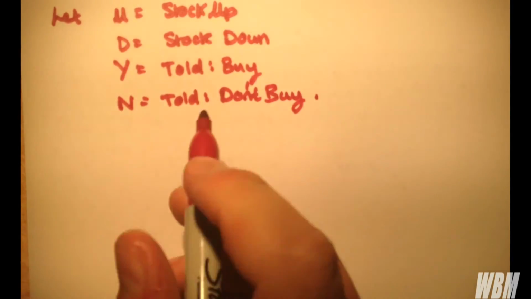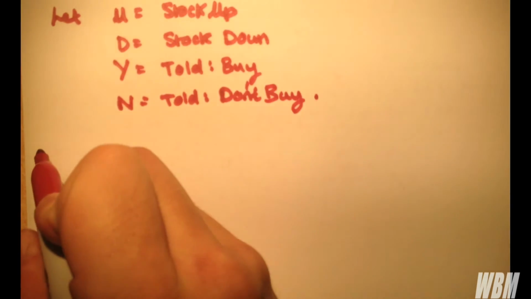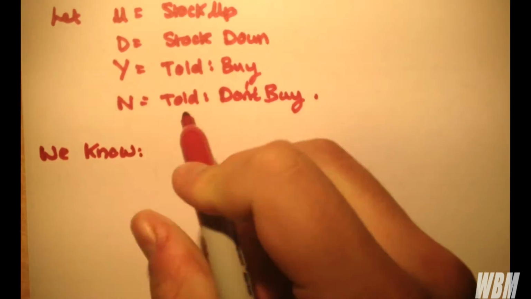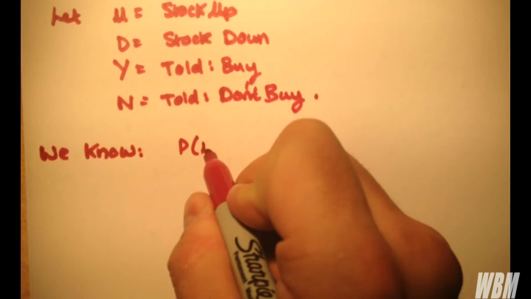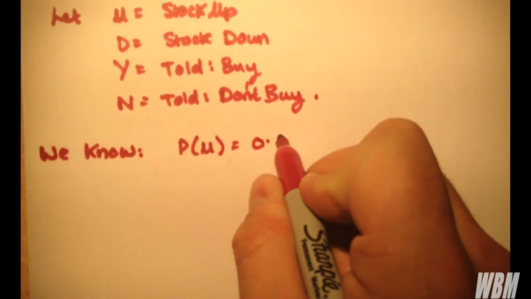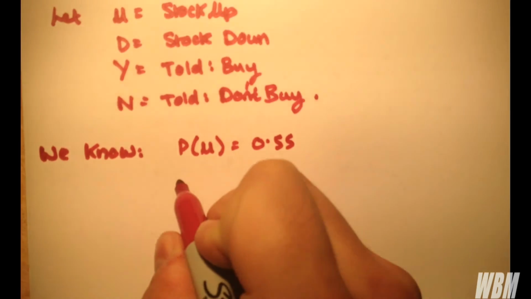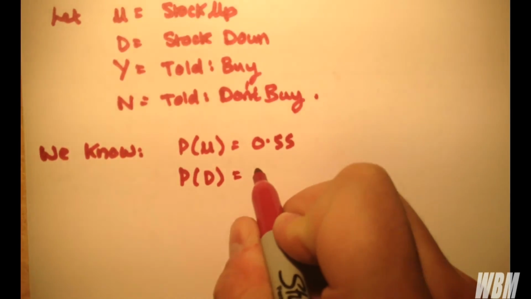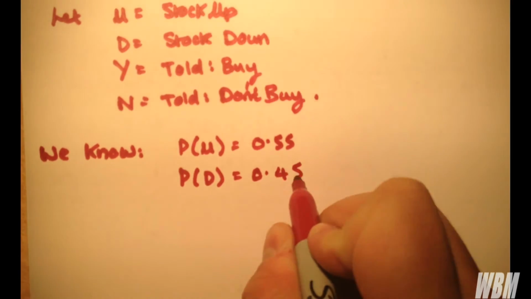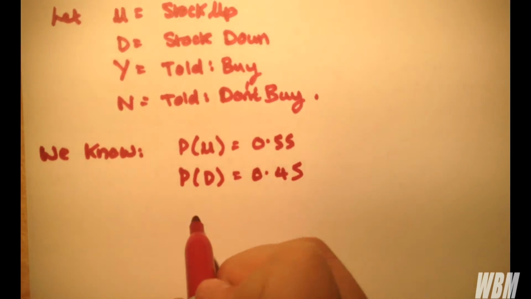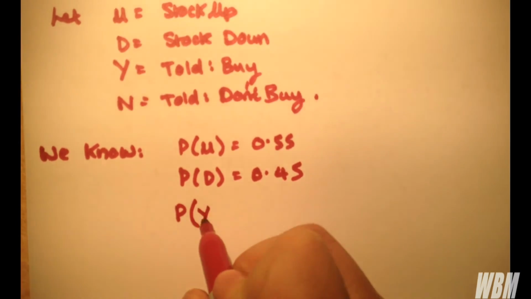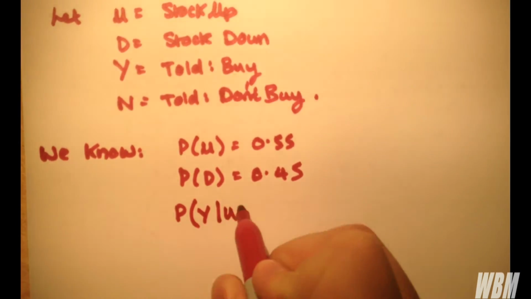So going on what we have already, we know the probability that the stock will go up, and therefore of course we know the probability that the stock will go down, which is 1 minus this. And similarly we know the probability of yes given up.